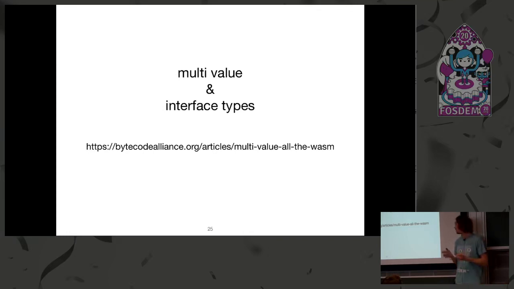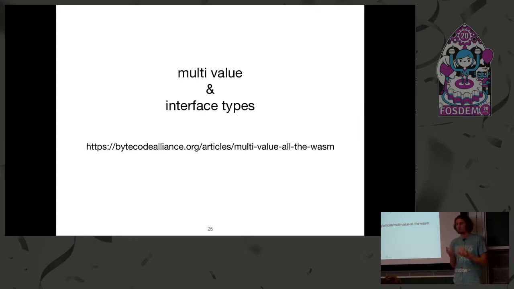But you still have to build Rust. Here is a great article by Nick Fitzgerald, where he writes about implementing multi-value in wasm-bindgen and a number of other tools. And it is a prerequisite for interface types, because at the moment we can return only numbers from WebAssembly or accept only numbers.